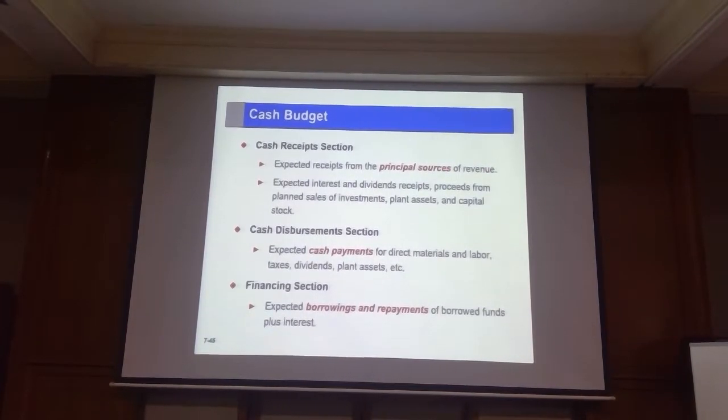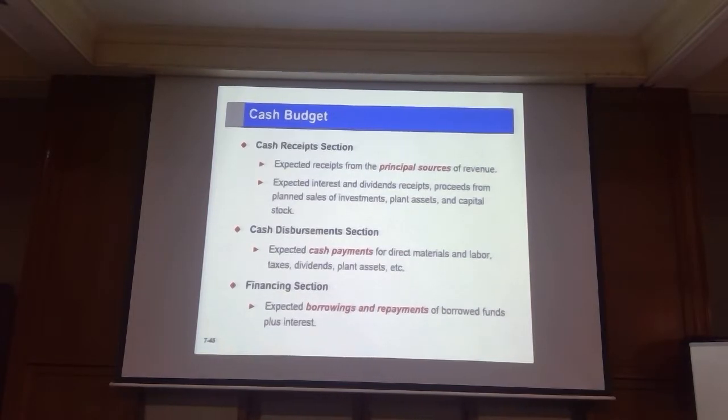So this is the first part. And the cash receipt can come from other sources as well, okay? Other than revenue, you may receive cash from interest, you may receive cash from dividends, or you may receive cash from selling stuff, okay, like plant assets or capital stock, okay? So this is the cash receipt section.